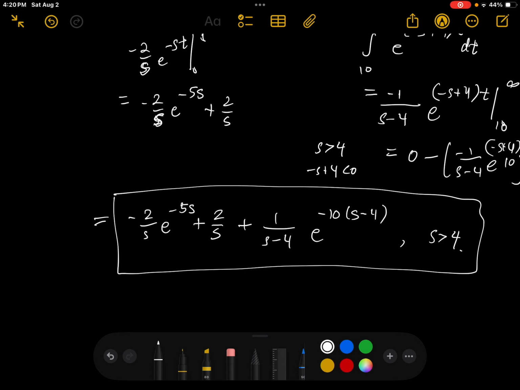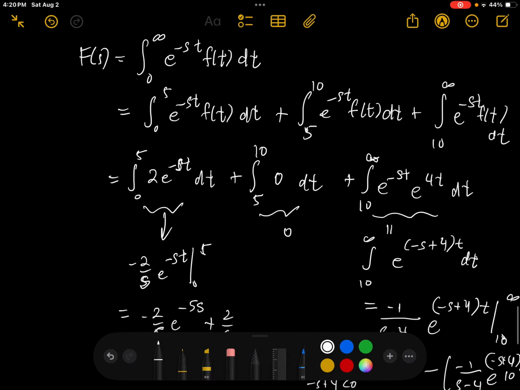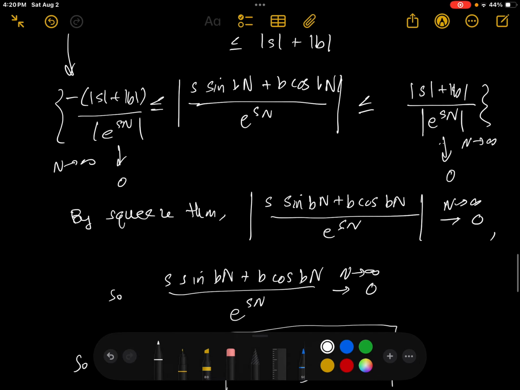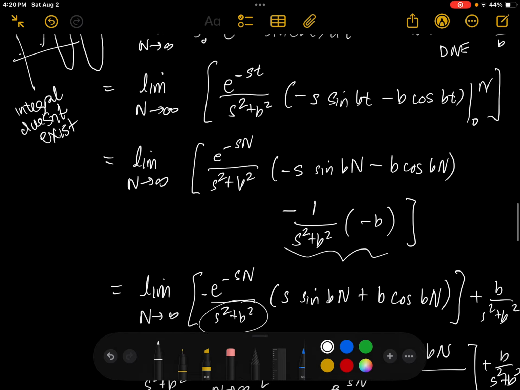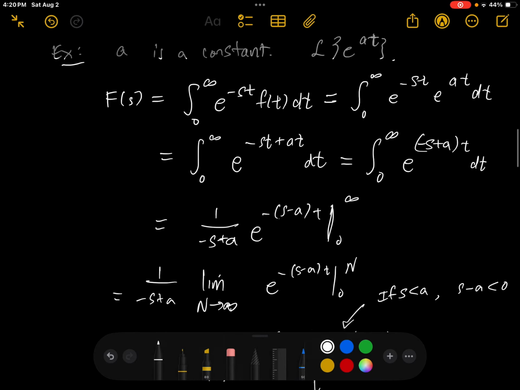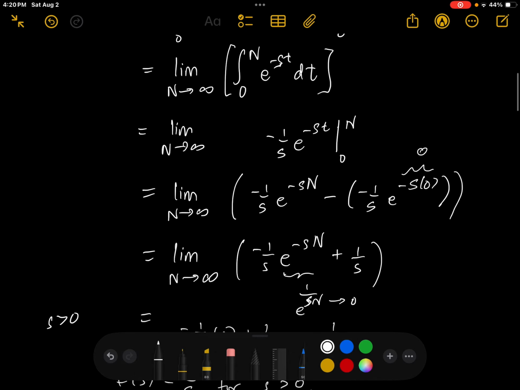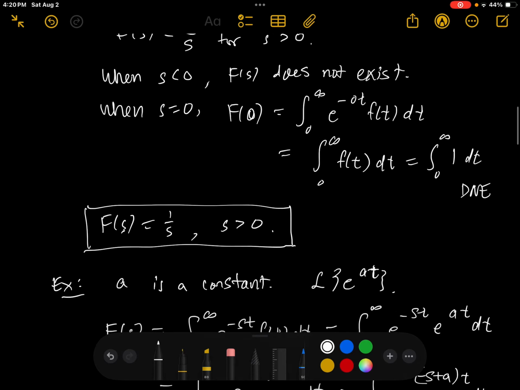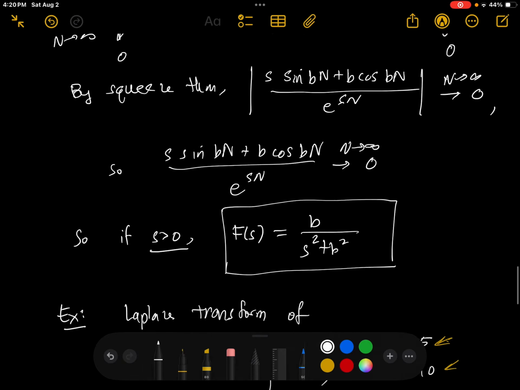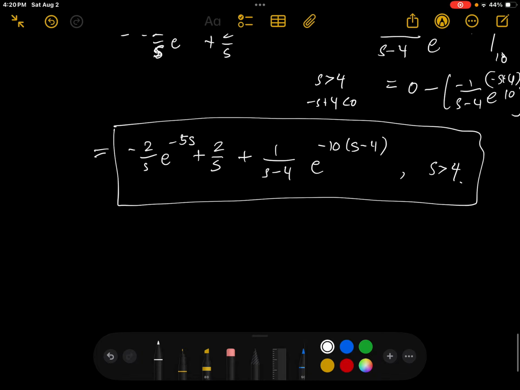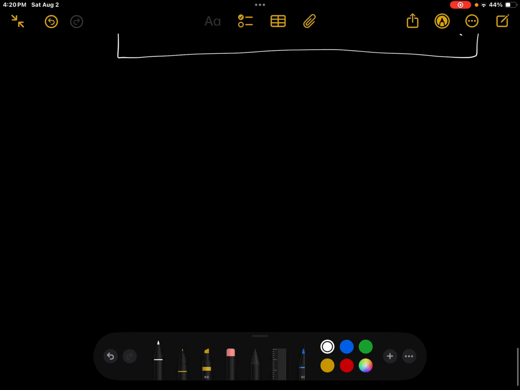Okay, a few more things. So that was some examples of doing calculations with the Laplace transform. But we want some properties of the Laplace transform, it's just like when you're defining the derivative.